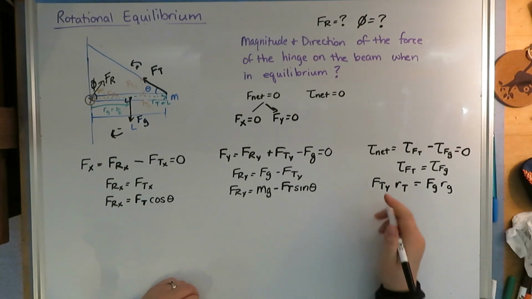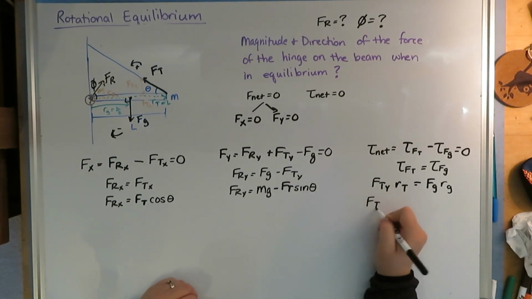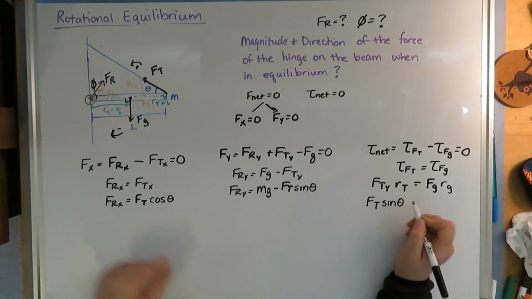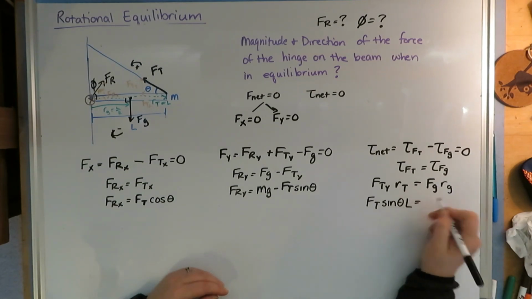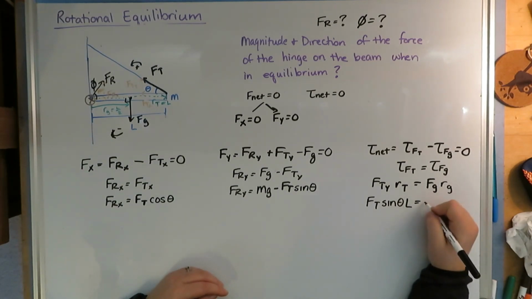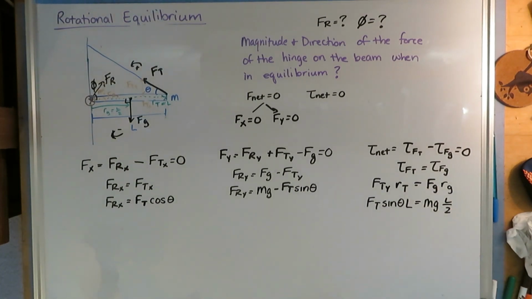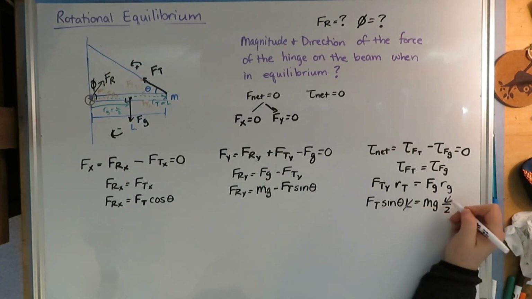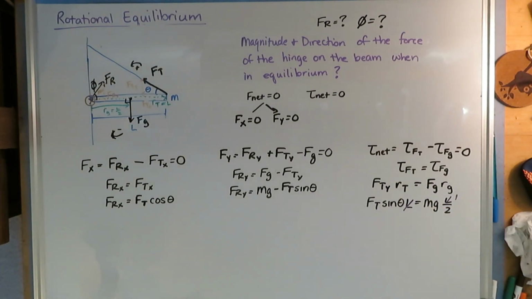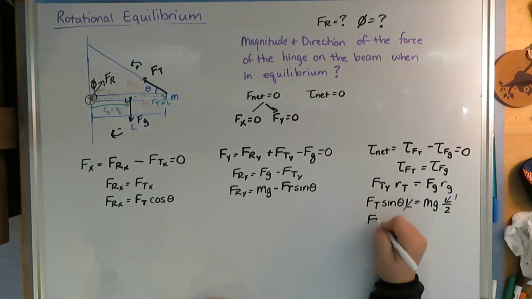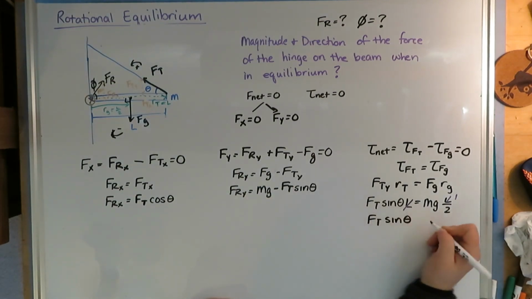And then FTY is going to be, once again, FT sine theta. RT is L. FG is going to be mg. RG is L over 2. So you can see they don't actually have to give us the length of the board, because the length of the board actually cancels out. So if I look at these equations that I have here, I can look at my unknowns.